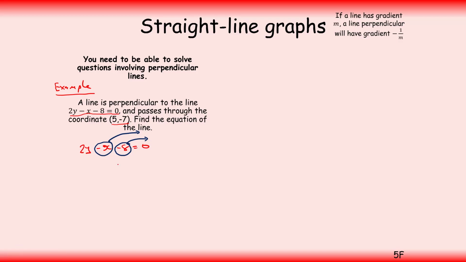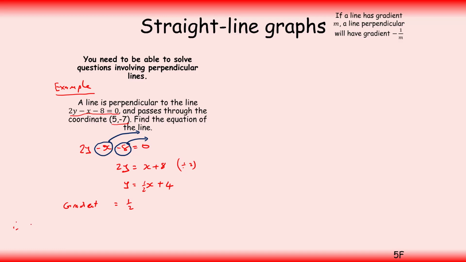So back to red, that means 2y is equal to x plus 8, and then divide by 2, which will give me y is equal to a half of x plus 8 divided by 2, which is 4. So the gradient is equal to a half.